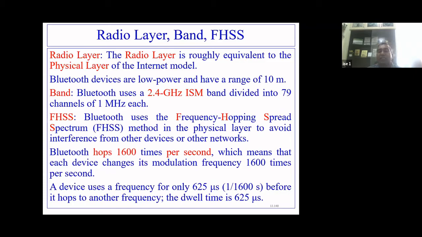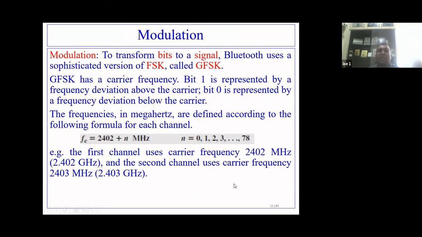For this dwell time, it will remain in the same frequency. After that, it will jump to the next frequency. So after every 625 microseconds, it will jump to the next frequency.